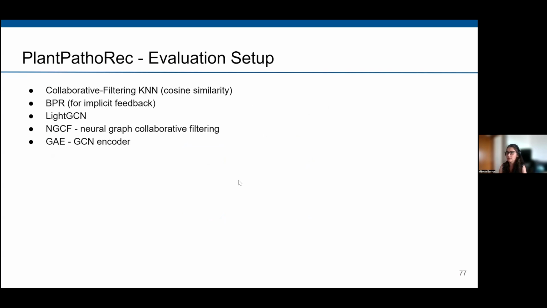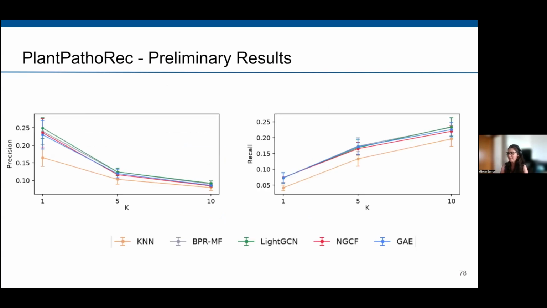In the first tests, we evaluated a simple collaborative filtering, KNN, with a cosine similarity, a BPR, LightGCN, neural graph collaborative filtering, and GAE. And these are actually the first results for precision and recall. We are testing the top 1, 5, and 10, but we have more.